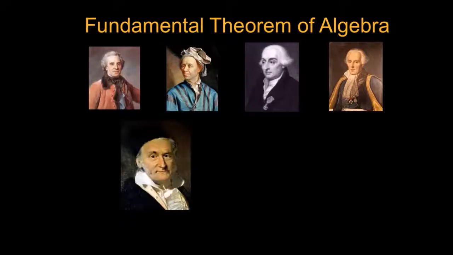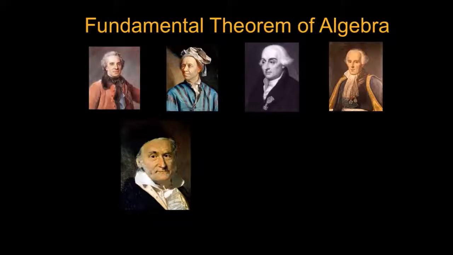Then came Gauss, and a lot of people consider Gauss to be the first one to prove the fundamental theorem of algebra. He actually had several proofs, and there's a saying that you should never trust a person with more than one proof, because if their first proof was valid and sound, they wouldn't have looked for the second proof, and if their second proof was valid and sound, they would have given up the first proof.